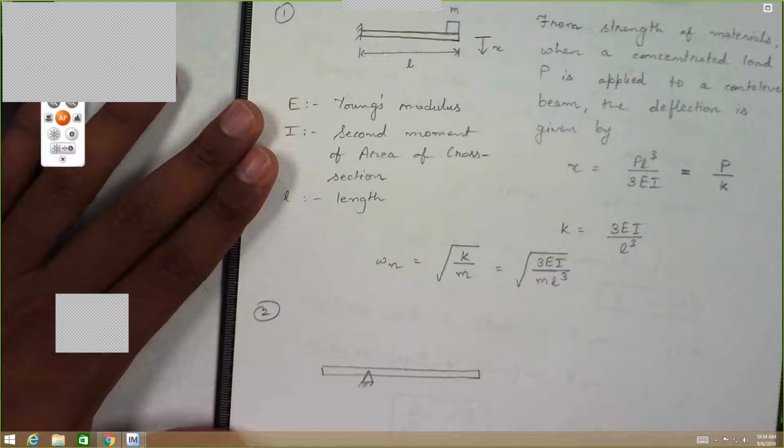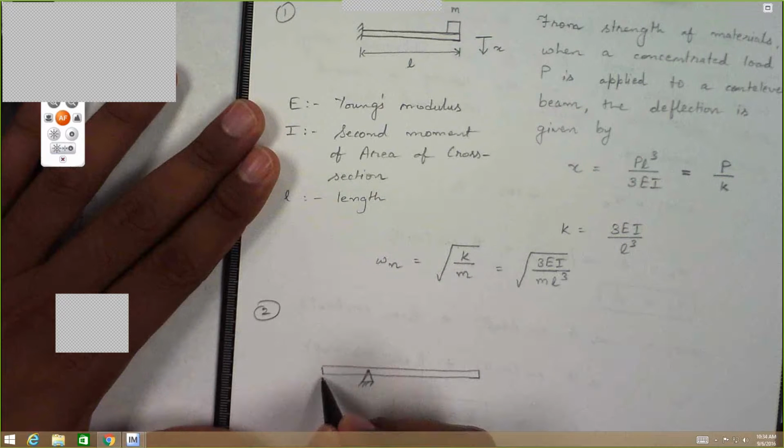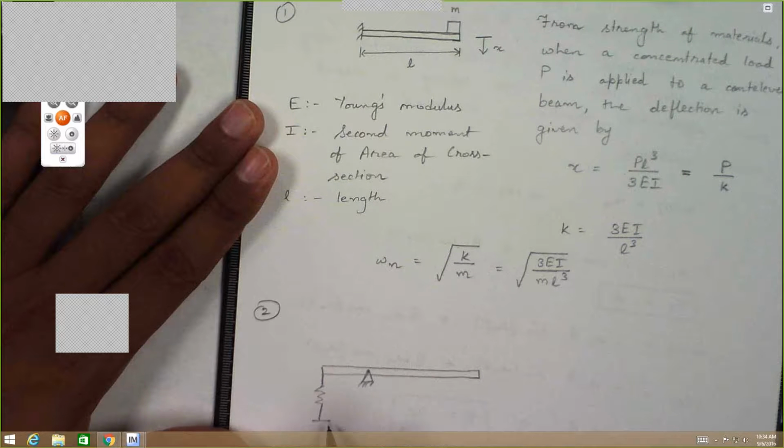So a beam is simply supported at this point and is attached to two springs.